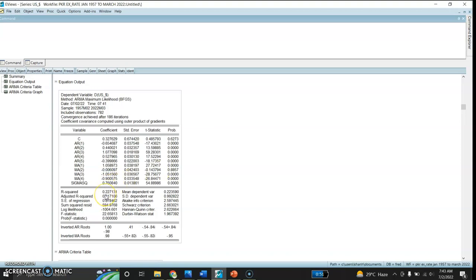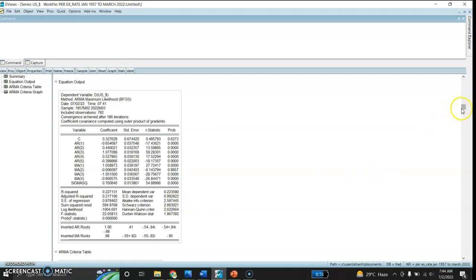This is the R squared, which is almost 0.23. This is adjusted R square. The F statistic is 22.69. It is significant, and the Durbin-Watson is 1.96. It is close to 2, so there seems no problem of autocorrelation. And this is the AIC criterion value that I told you, that is equal to 2.59.